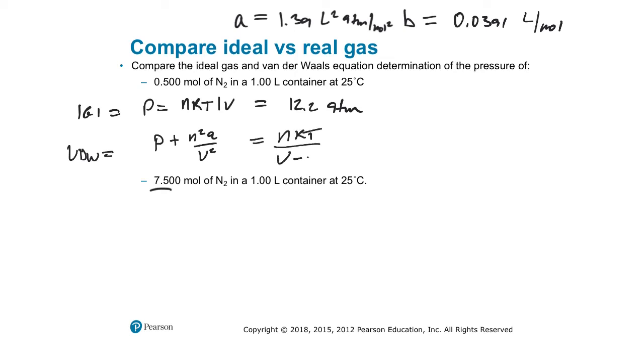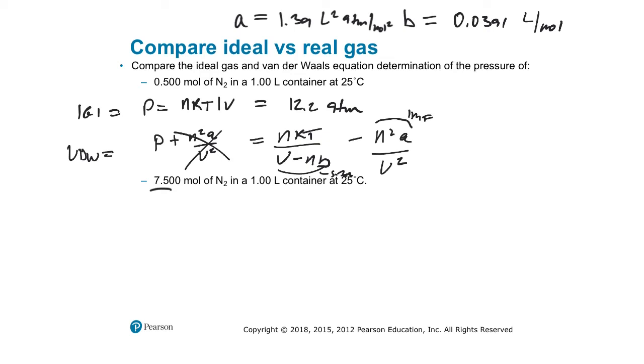I'm going to divide by V minus nb right off the bat, and I'm going to subtract the n squared a divided by V squared, which gets rid of this over here. So my van der Waals pressure will be equal to nRT divided by V minus nb, minus n squared a over V squared. Now this term here is the intermolecular force term, and this term here is a correction due to the size.